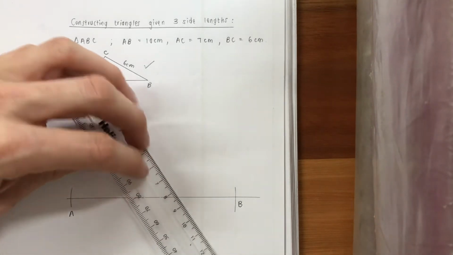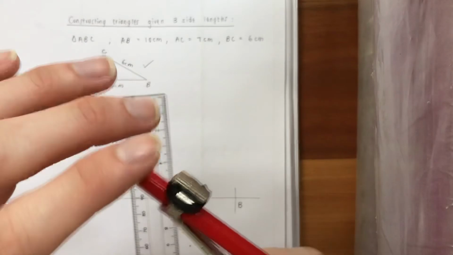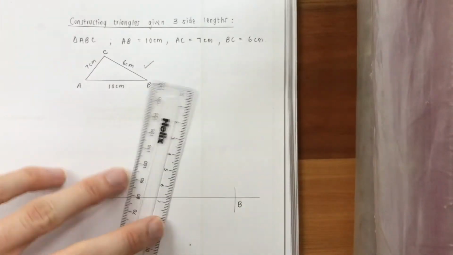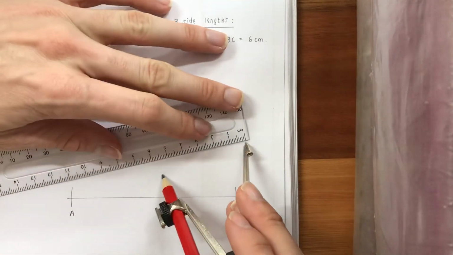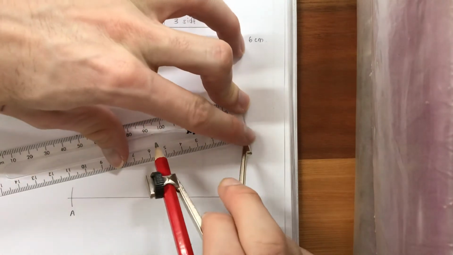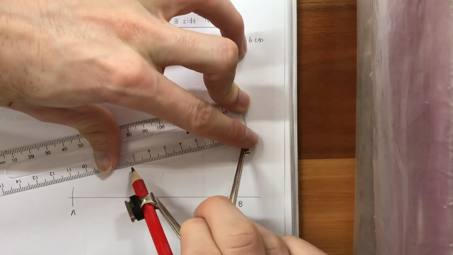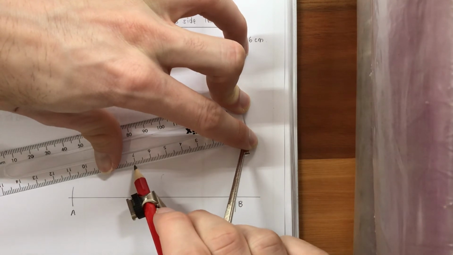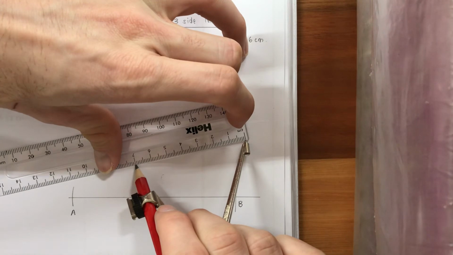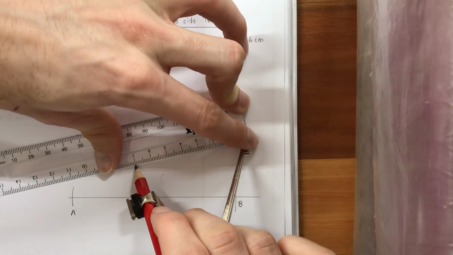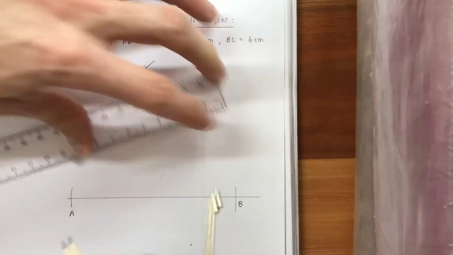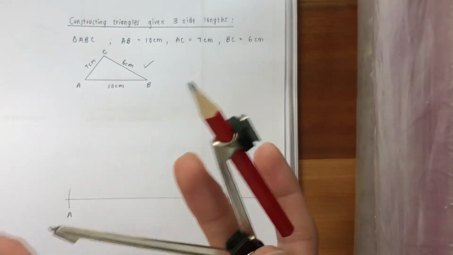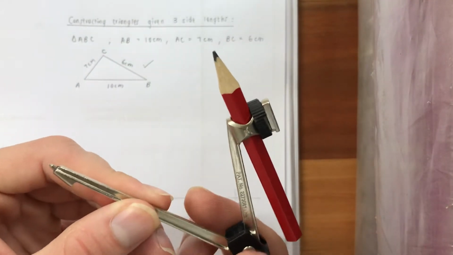We're going to use our ruler to once again measure the 7 centimeters. Please make sure that's very accurate. Accuracy is extremely important here. So here we've got exactly 7 centimeters. Be careful not to move your compass.